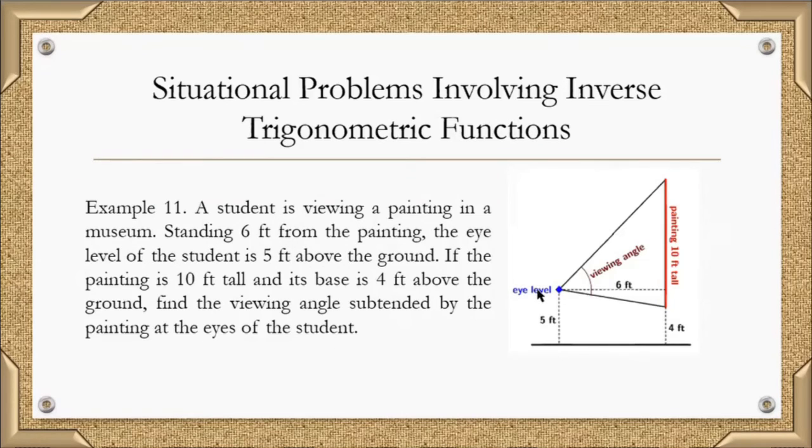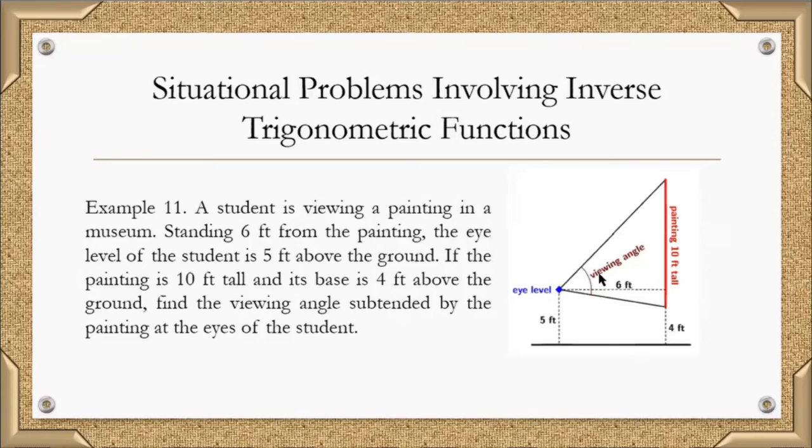So ito yung eye level, then yung height ng student ay 5 feet. At yung taas ng painting or yung haba ng painting ay 10 feet tall. Then from the ground, syempre meron pang yung taas niya ay 4 feet. Then yung viewing angle niya, syempre kung eye level, ang viewing angle niya ay mula dun sa buong painting, di ba?